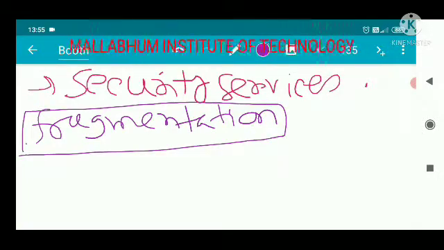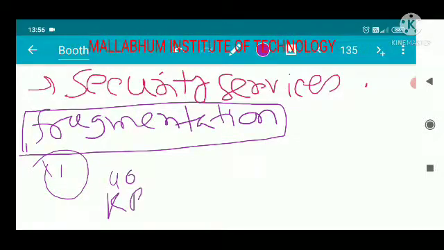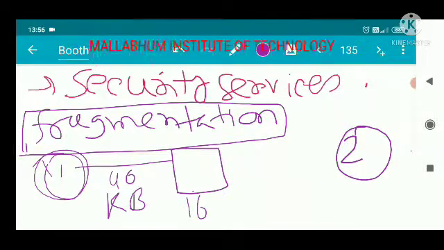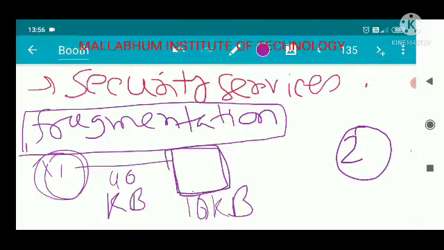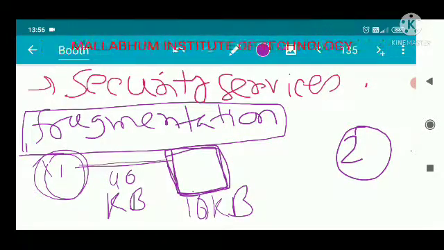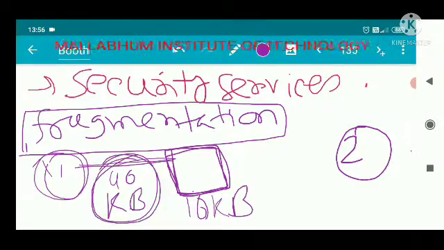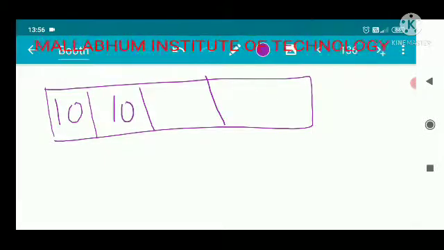What do you mean by fragmentation? Suppose from node 1 a 40 kilobyte data packet is being transferred to another node. In between there is a node which can accept only 16 kilobytes, or maybe 10 kilobytes of data. In this process the network layer will fragment the data. The 40 kilobytes will be divided like this: 10, 10, 10, 10.